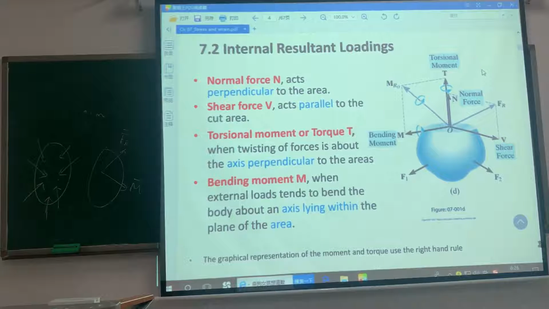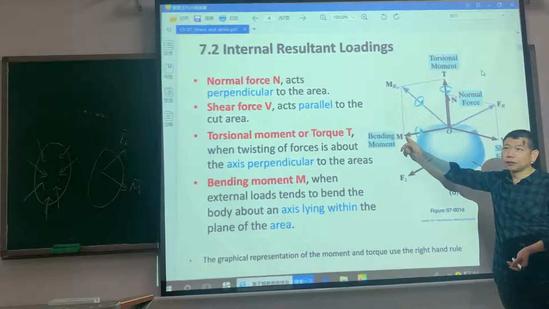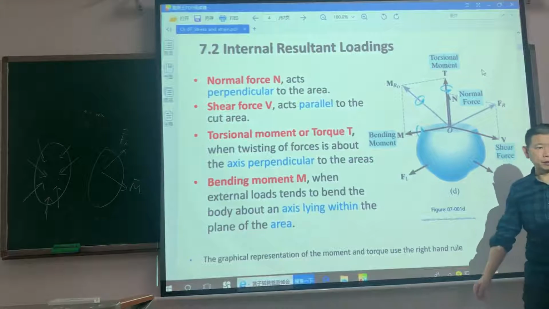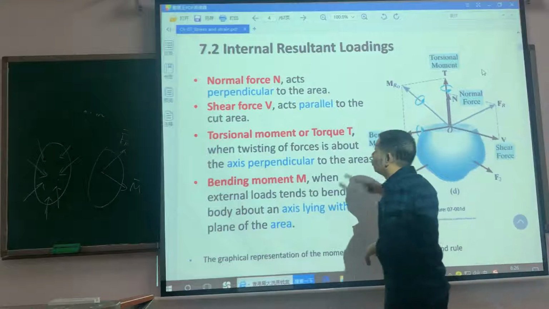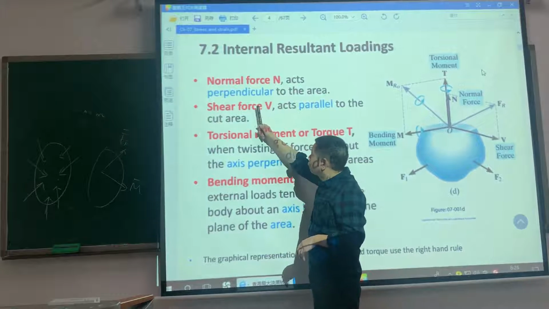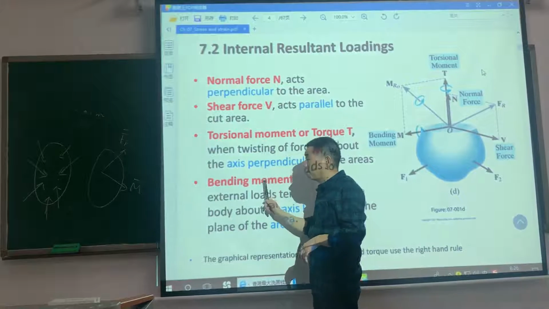We call it a torque. There is another component, we call it a bending moment, sometimes I just call it a moment. When there is a moment at the section, the rod will be bent at this location. So we know normal force, shear force, torsional moment, bending moment.